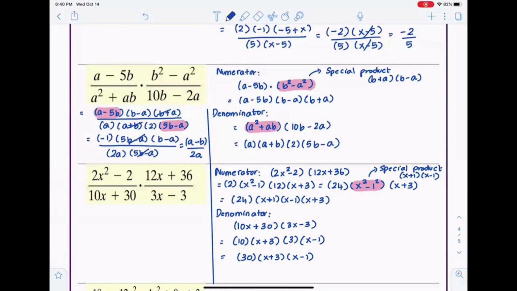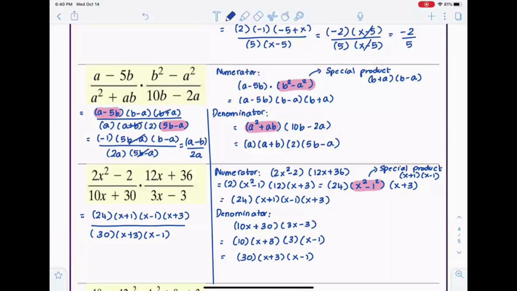So we can go back. We have the numerator, so 24 times x plus 1 times x minus 1 times x plus 3 divided by 30 times x plus 3 times x minus 1.